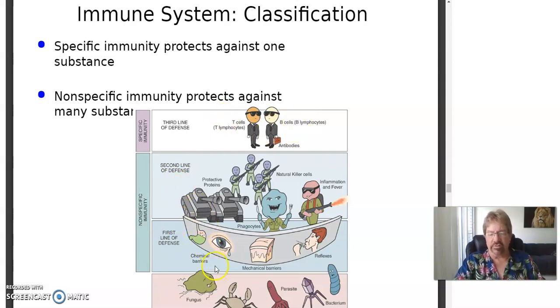Well, first line of defense is chemical barriers like skin, reflexes, tears, acid in the stomach that protects against infection. The second, inflammation, fever, natural killer cells, which also are a type of lymphocyte, protective proteins. And then third is specific. So our skin hopefully will protect us from getting an infection, but if it does get in there, then we run a fever and it gets inflamed, and eventually antibodies and stuff will be produced to fight it.